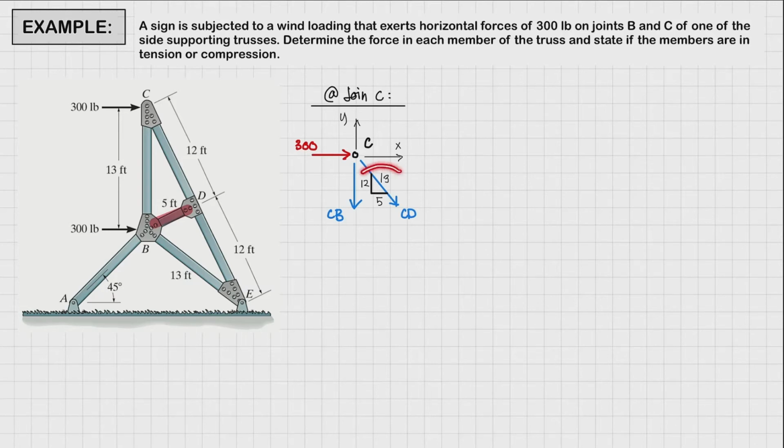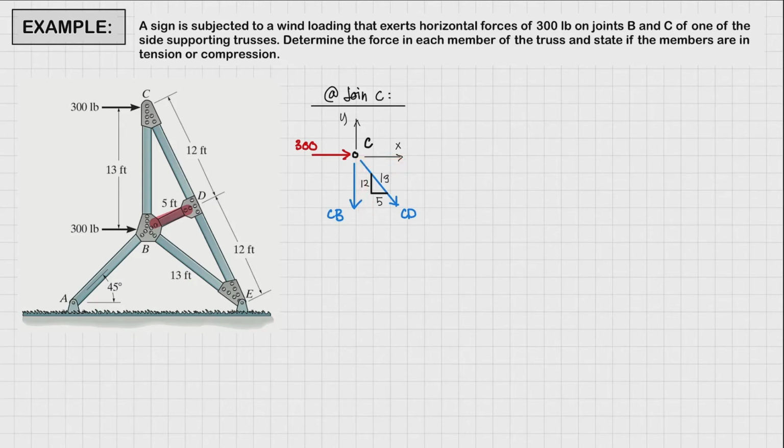This is by the principle of similar triangles. We have here a right triangle with a hypotenuse of 13 feet and sides of 12 feet and 5 feet. So we're going to use ratio and proportion in solving for the horizontal and vertical components of member CD.